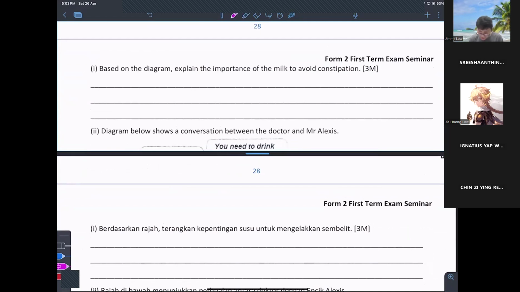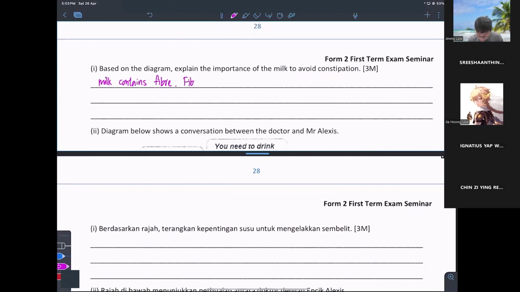First, you have to say, okay, milk contains fiber. Must mention, because you have to say what is important in the milk that can help avoid constipation. So milk contains fiber. This is your first mark.